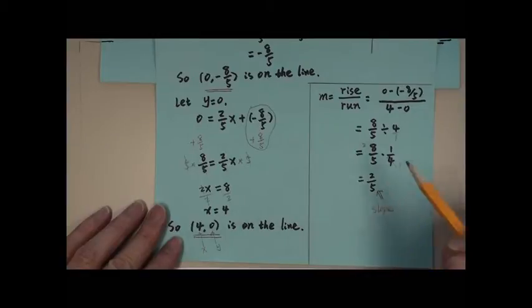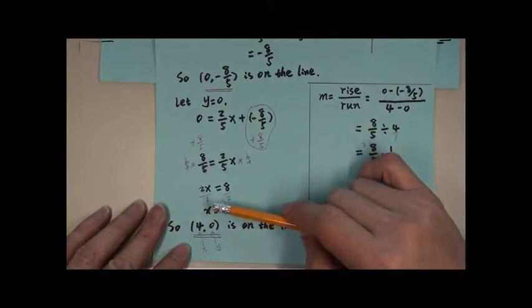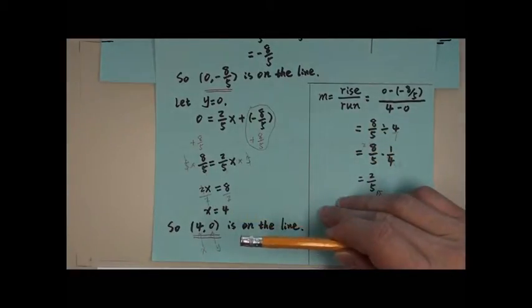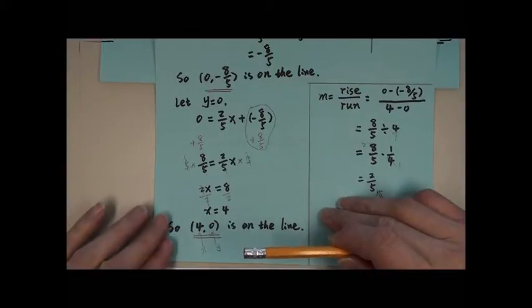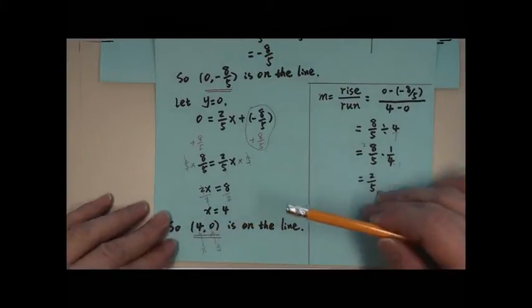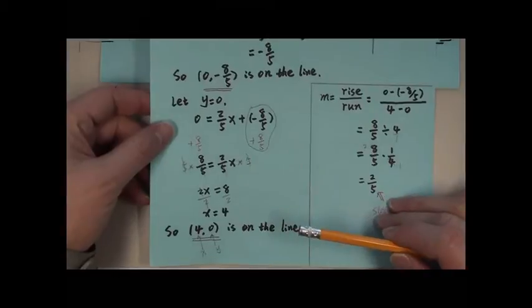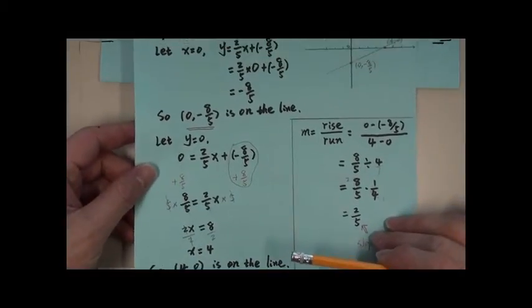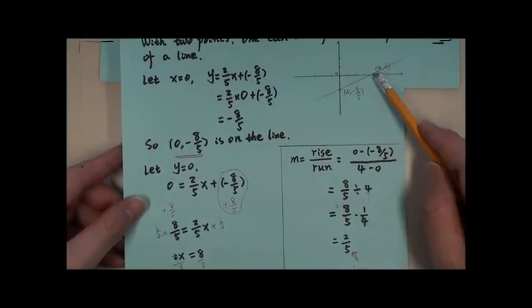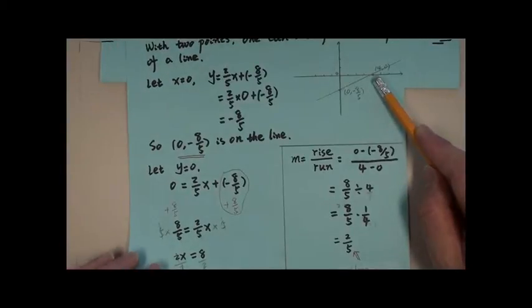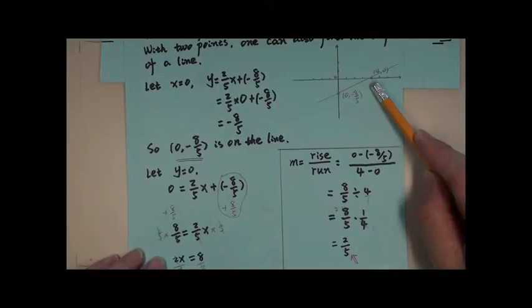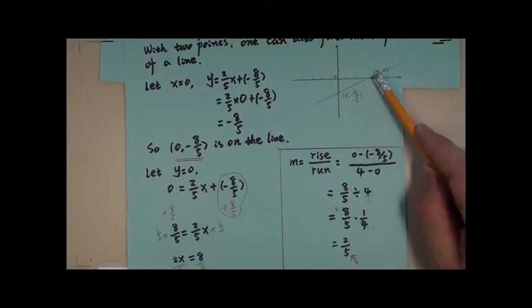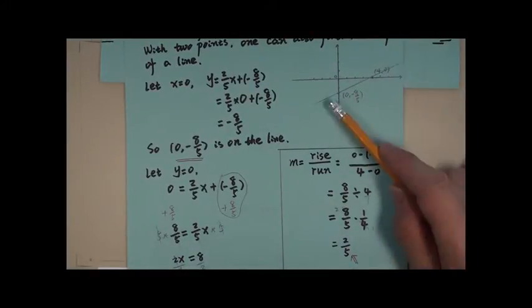So you have 4, 0. Where is that? On the line. x is 4, y is 0. So you have 2 points now. Then you connect them. That will be the graph.